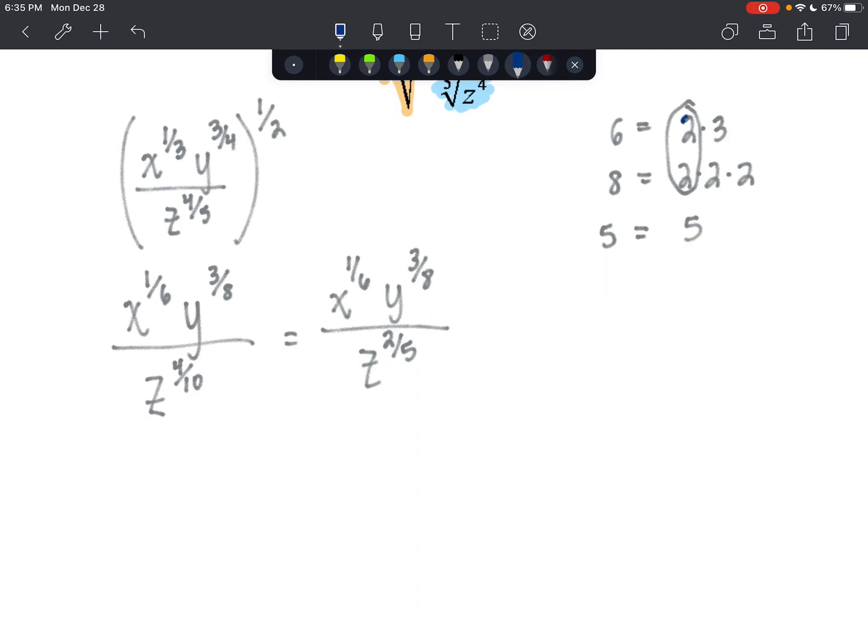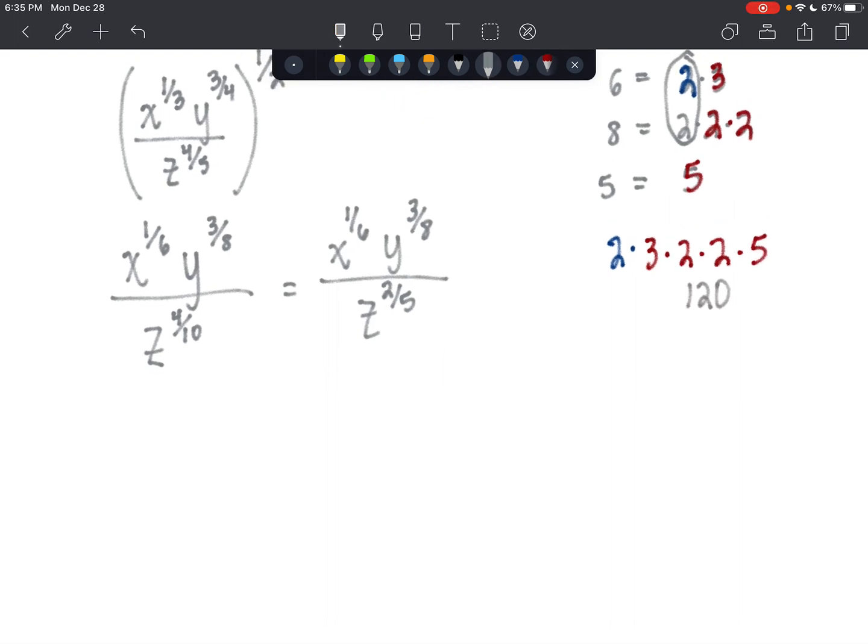So I'm going to take one of these 2's times all the factors that are left over. So 5 times 4 is 20. 20 times 3 is 60. And 60 times 2 times 3 times 2 times 2 times 5 is going to equal 120. So my common denominator is 120.